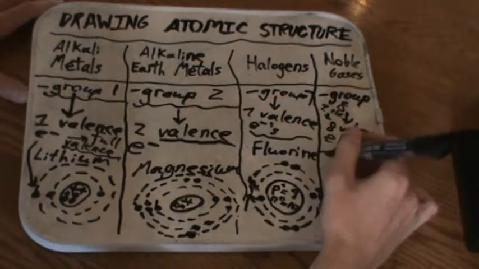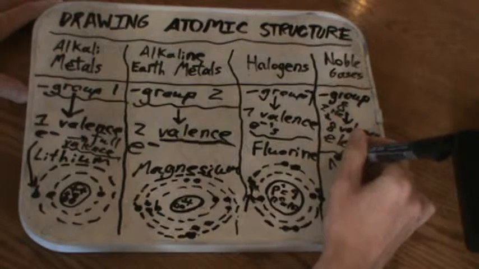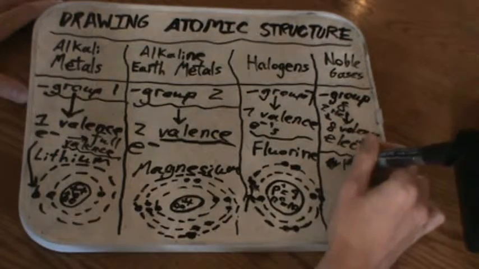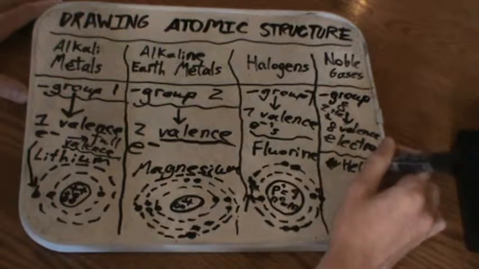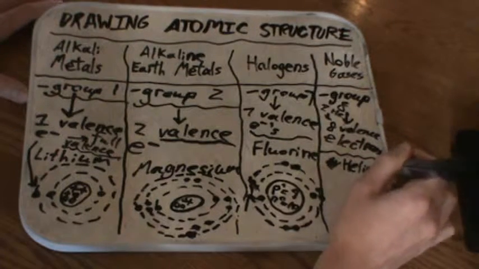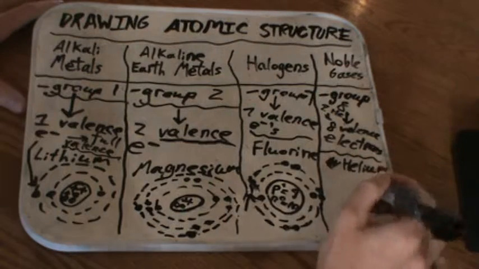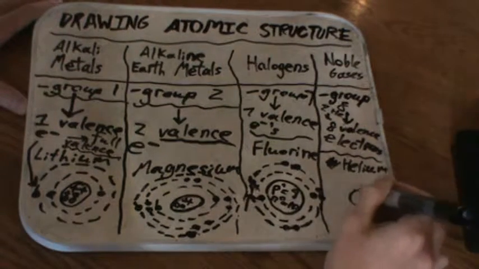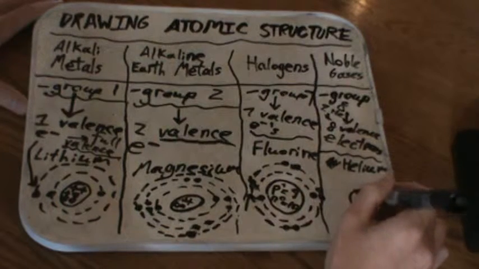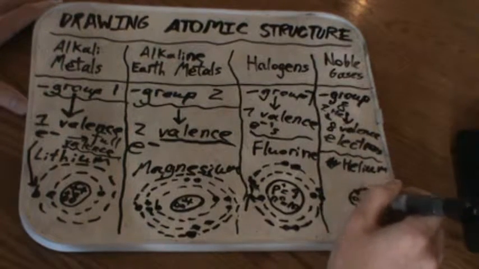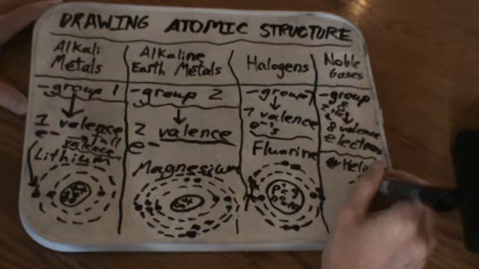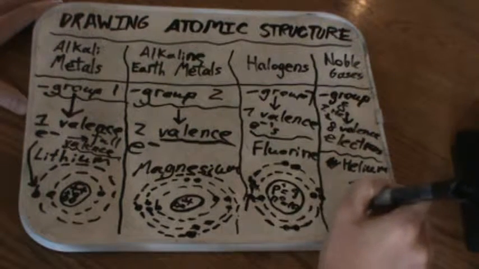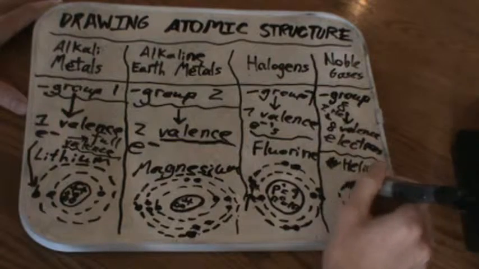So let's choose neon. No, let's not choose neon. Let's choose helium. That stuff you suck in when you're at birthday parties. It's very fun. Okay, so now helium nucleus has 2 protons and 2 neutrons. And it has 1 energy level corresponding to the idea that it's in period number 1 in the periodic table.